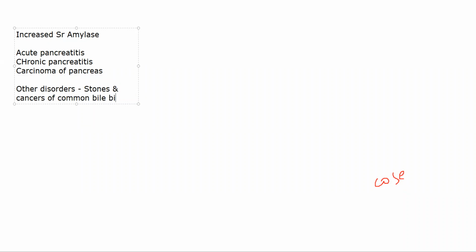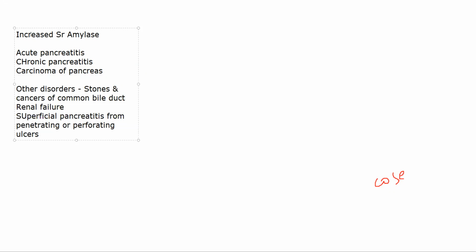Okay, through the common bile duct your amylase flows out. If there is renal failure, it increases, or if there is superficial pancreatitis, especially if superficial pancreatitis is occurring from penetrating or perforating ulcers.